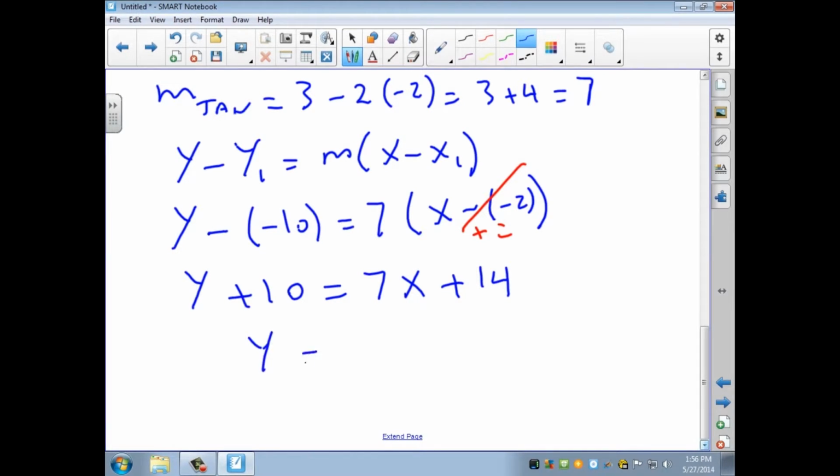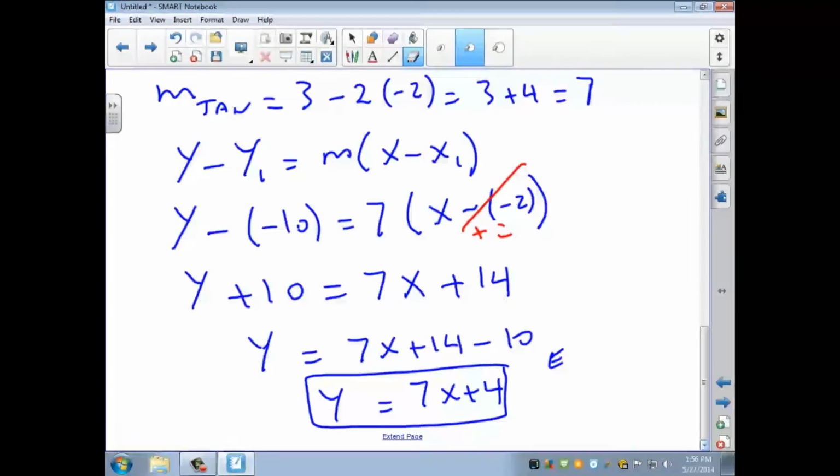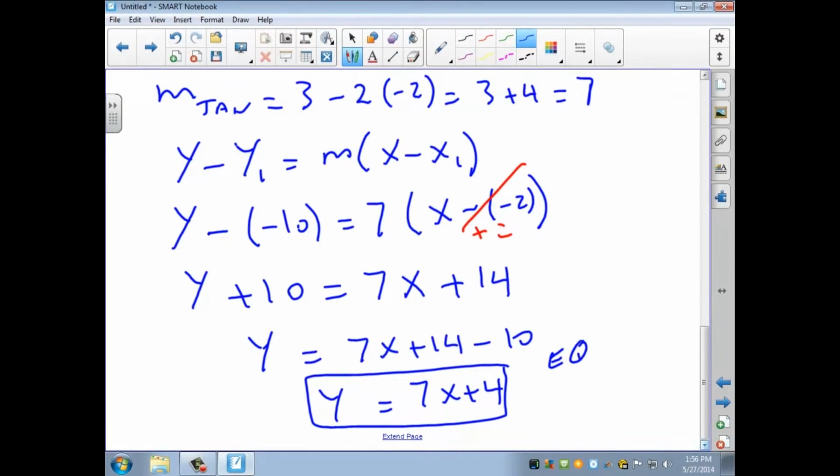Therefore, y would be equal to 7x plus 14 minus 10. Y therefore is equal to 7x plus 4. This is the equation of the tangent line.